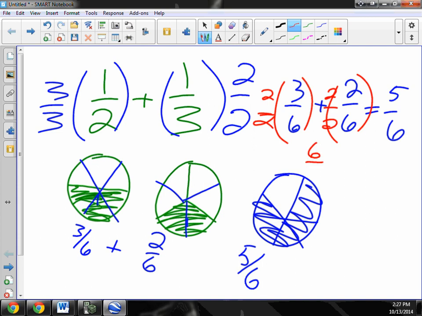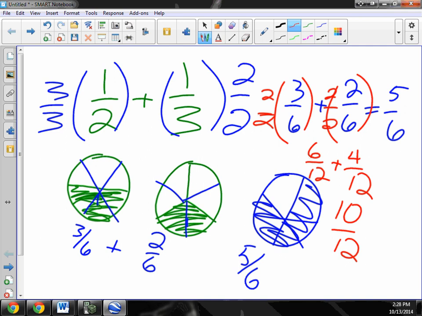Is 6/12 plus 4/12 going to give me the same answer? Yeah, you would get 10/12. But that was an incredible waste of my time, right? So when we get to rational functions, you can make your life very, very difficult by picking the wrong denominator.